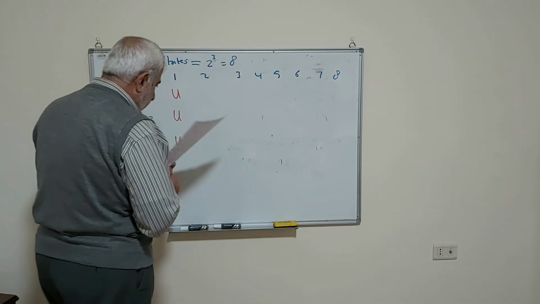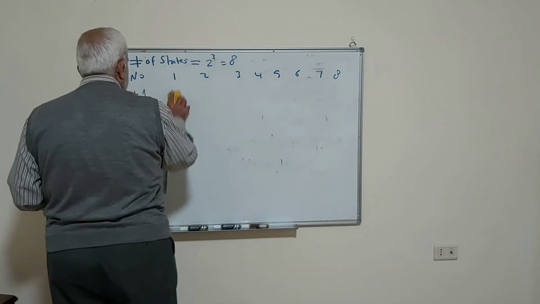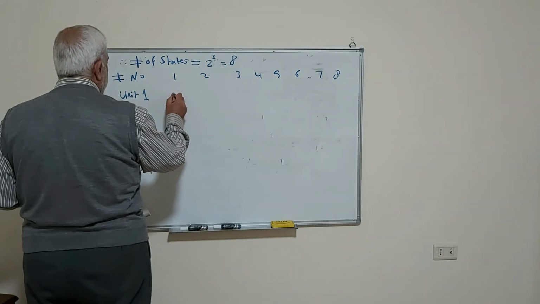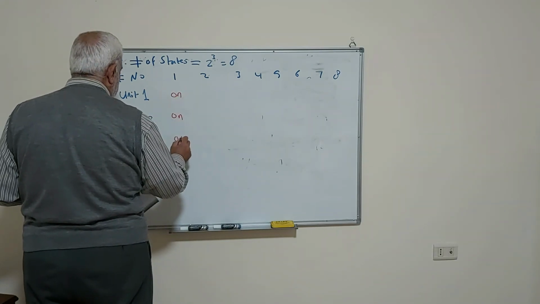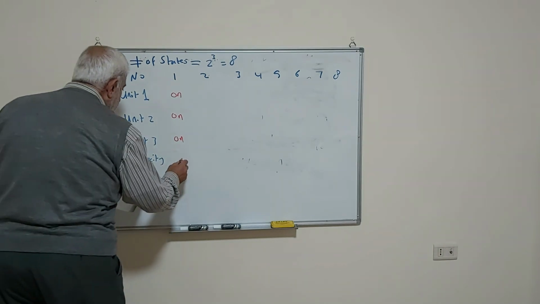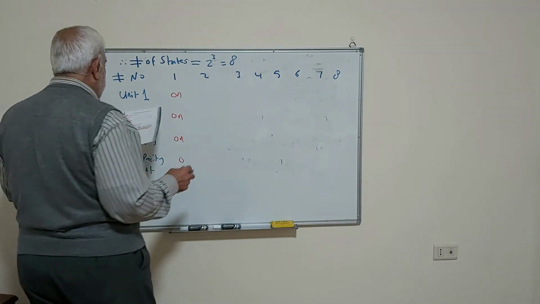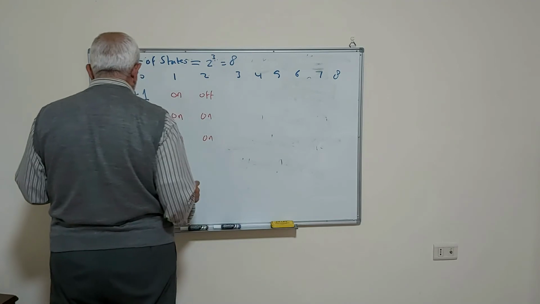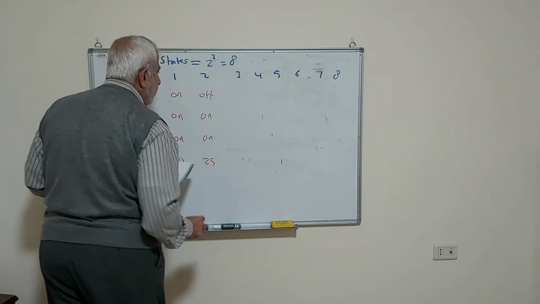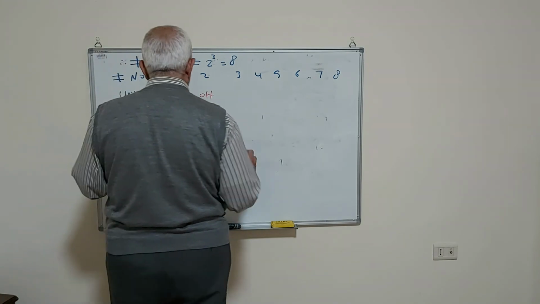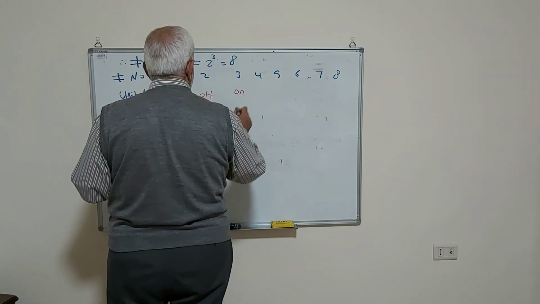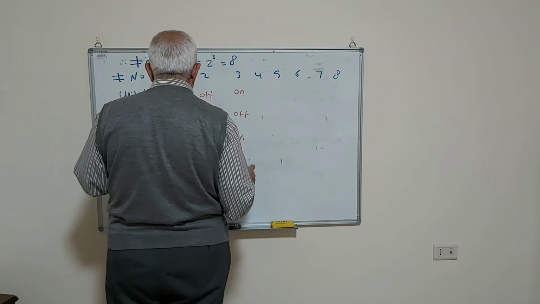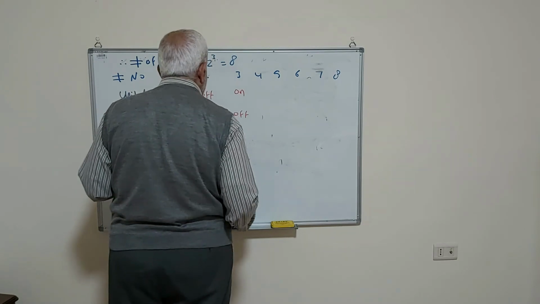Just to be clear: on, on, on. The capacity out is 0 megawatt. Here we have off, on, on, and we have 25 megawatt. And we have on, off, and on. And for state 3, we have 25 megawatt.